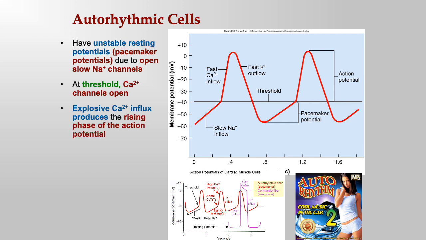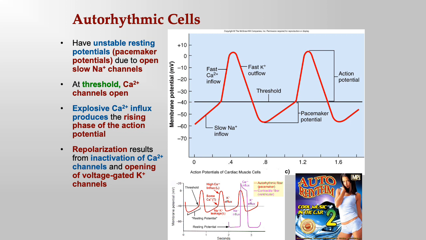Calcium influx produces the rising phase of the action potential, and then once those close, it's potassium that brings us back to normal. So these fast potassium channels open, and potassium flows out of the membrane. That returns us back down to -60. And then look, the whole thing repeats itself.